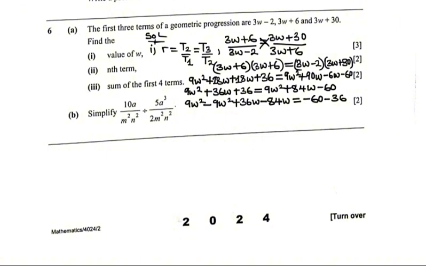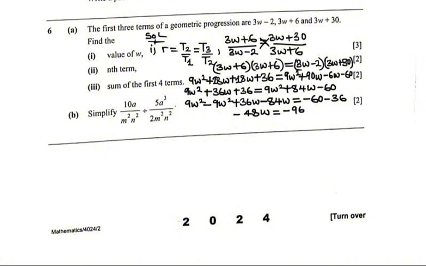9w squared minus 9w squared gives 0. Then positive 36w minus 84w gives negative 48w, which is equal to negative 60 minus 36, that gives negative 96.